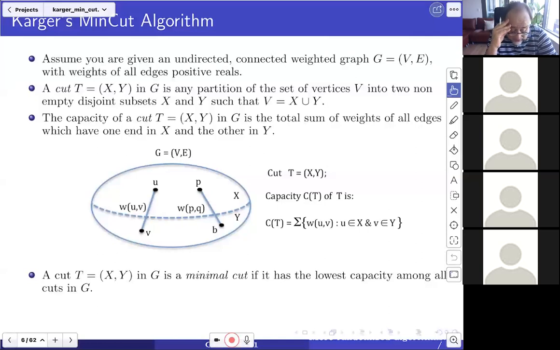And you would like to cluster the universe, all the points, into two clusters, so that the similarity between the clusters is as small as possible. So you want to minimize the sum total of similarities between vertices that belong to different clusters, right?